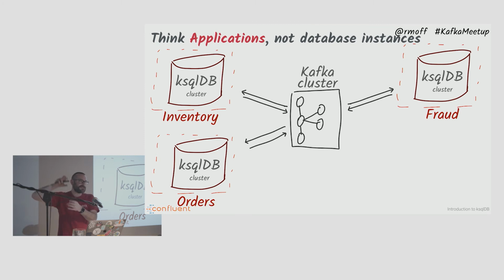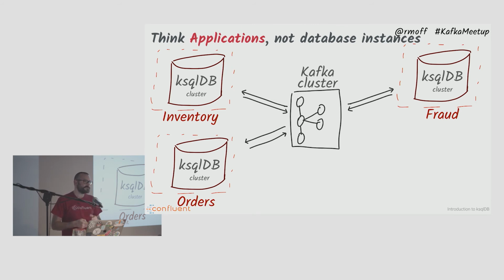So we can isolate our workloads because we deploy it as we would an application. Which also means it's not one single central thing for people to worry about. Who owns ksqlDB? We don't want to centralize this. Well, you own ksqlDB. Your team, your business division, your project, however you deploy and own your applications, it's just part of your applications.